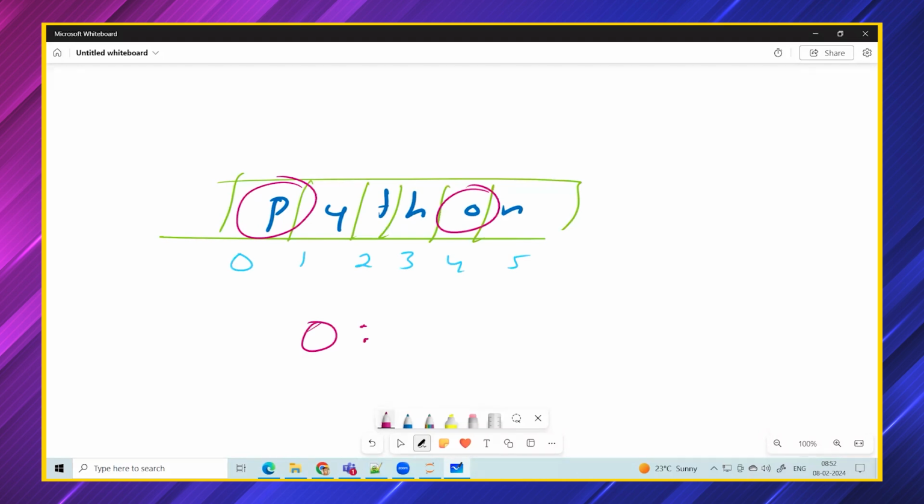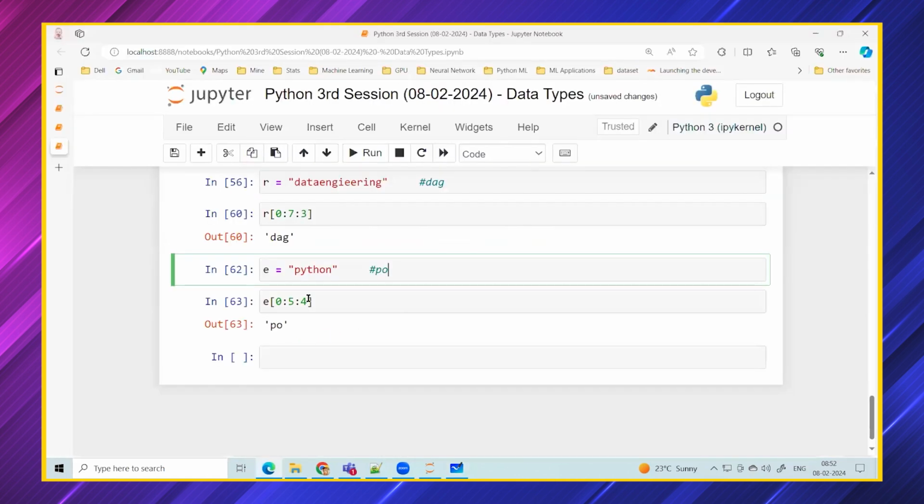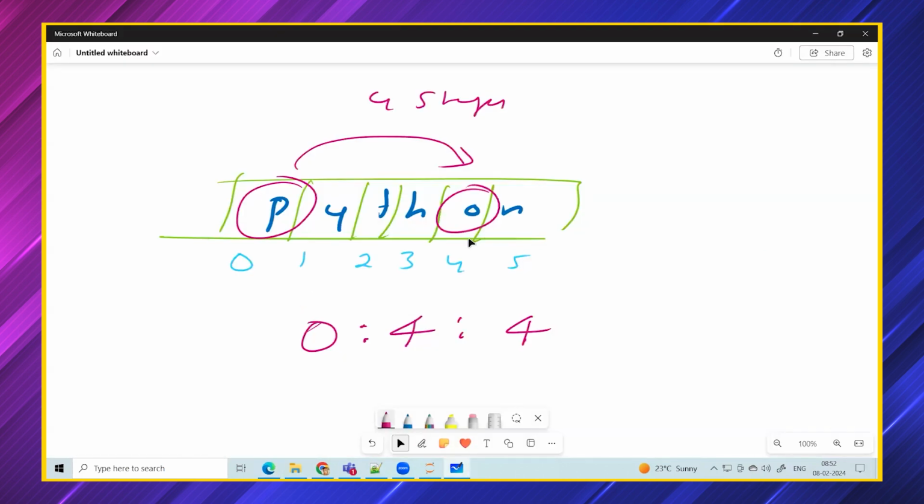The end position is 4. If I put 4 here and then jump by 1, 2, 3, 4, so this is 4 steps. If I do this, I will miss out the fourth element, that is this O. So if I want to include that element, you should always give +1. So it should be 5. So the right answer is 0, 5, 4.